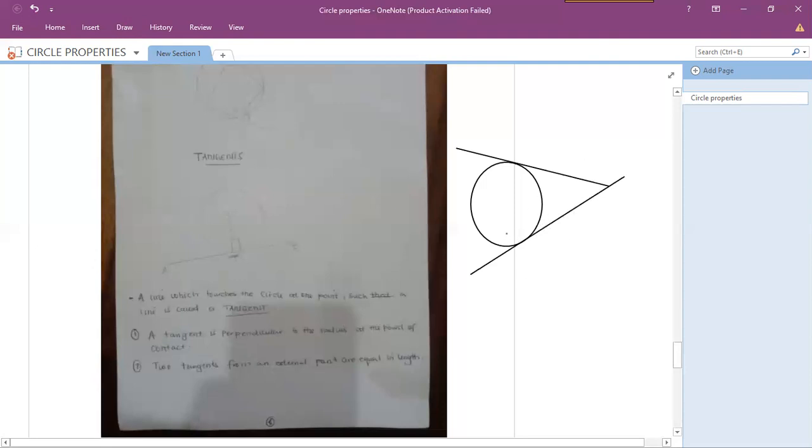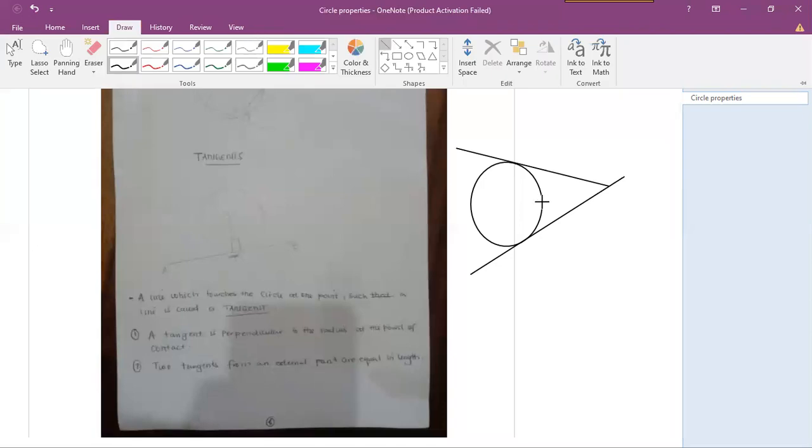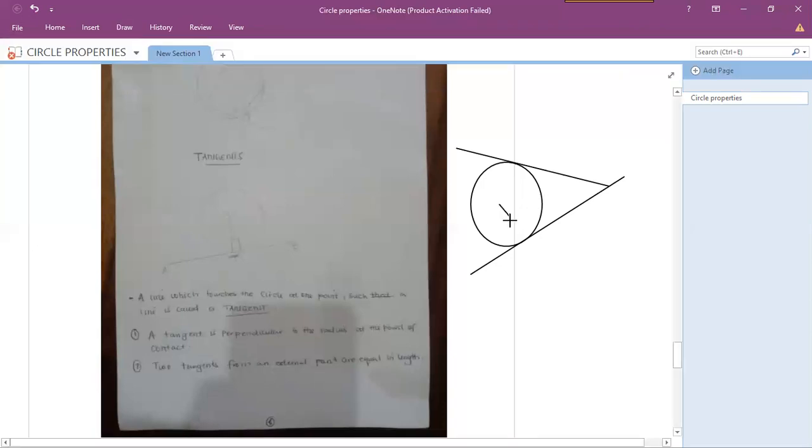So the first one is that a tangent is perpendicular to the radius at the point of contact. So if I draw a radius here, so let's say that's the circle, and I go from the radius to the circumference at the point of contact here, it will meet the tangent at a 90-degree angle.